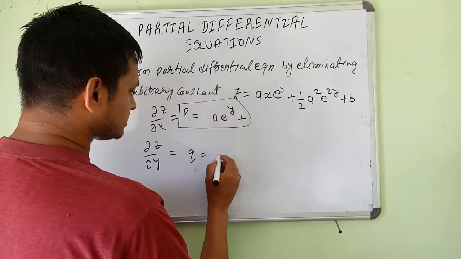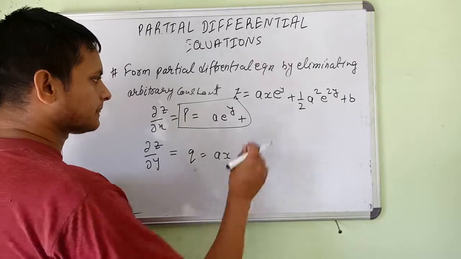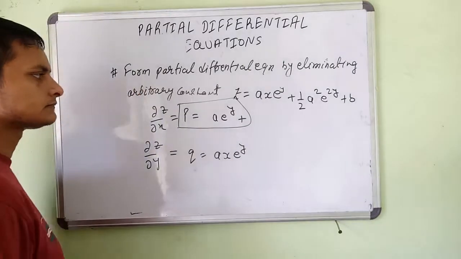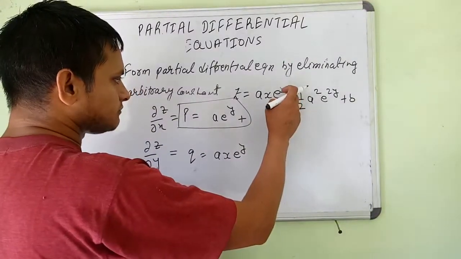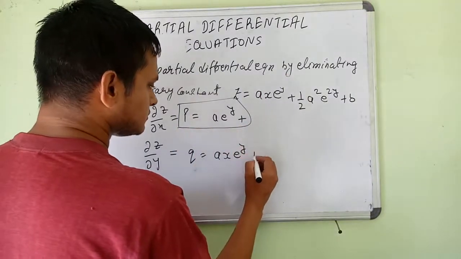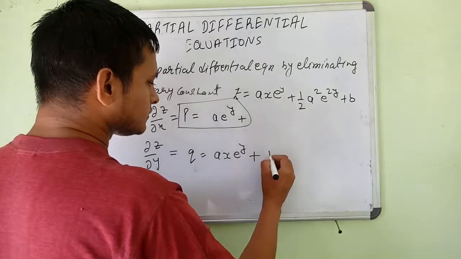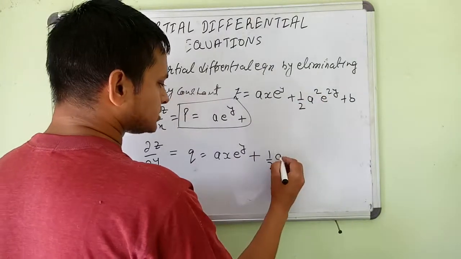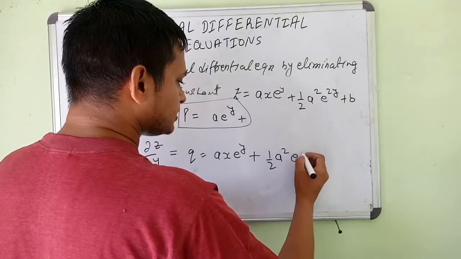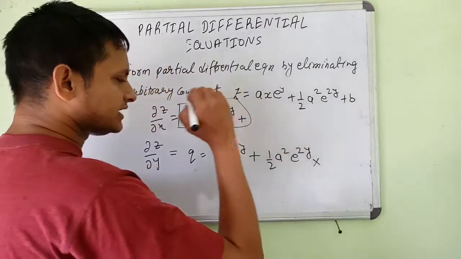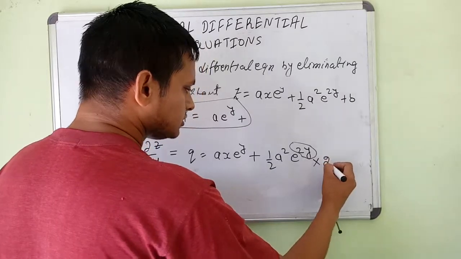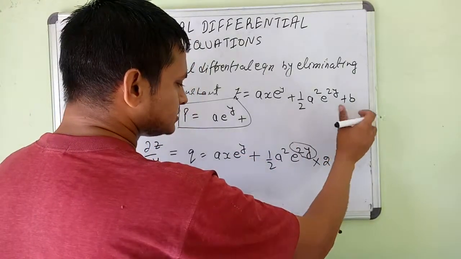Now a and x are constant, and the derivative of e^y is e^y, and again the derivative of the power, which is y, with respect to y is 1, plus a²/2 is constant, e^(2y). The derivative of e^(2y) is e^(2y) multiplied by the derivative of 2y, which is 2, plus the derivative of b is 0.